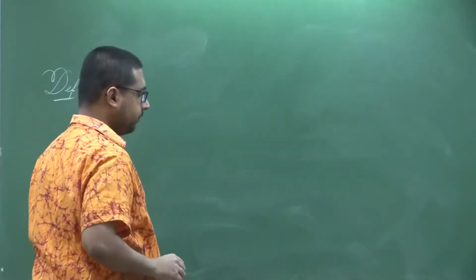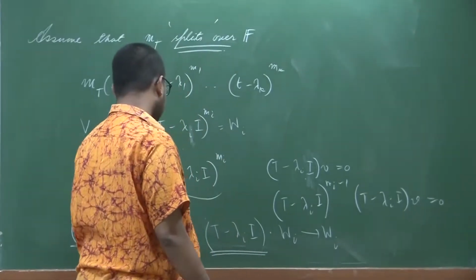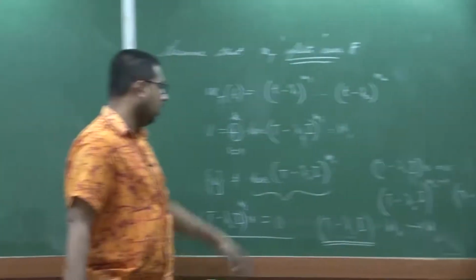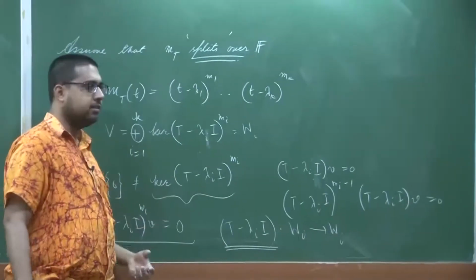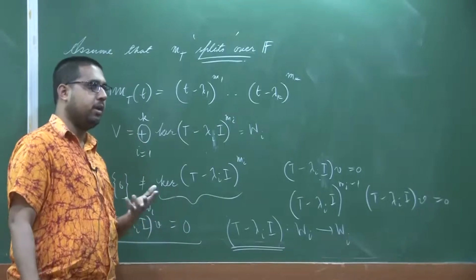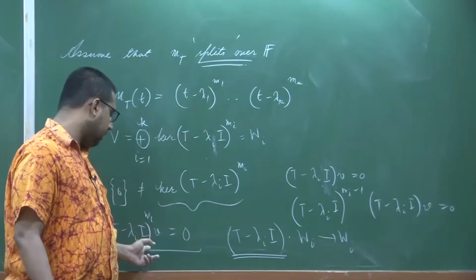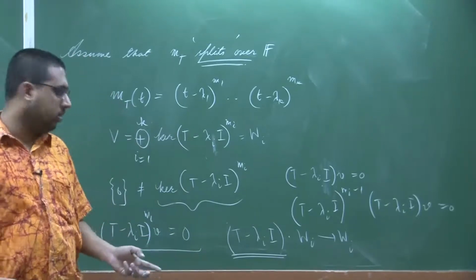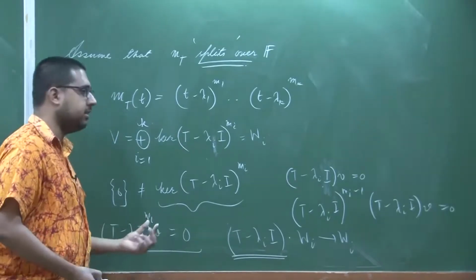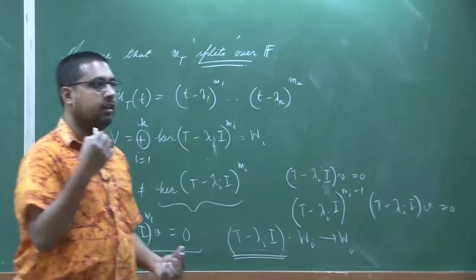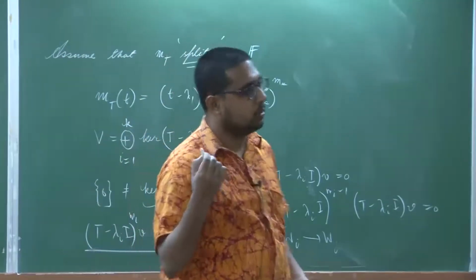As I said, look at any non-zero vector v lying in the kernel of this operator. That vector may not be an eigenvector, because (T minus lambda I) times v may not be 0. At most I know that (T minus lambda I) to the power m, when applied to v, is 0.